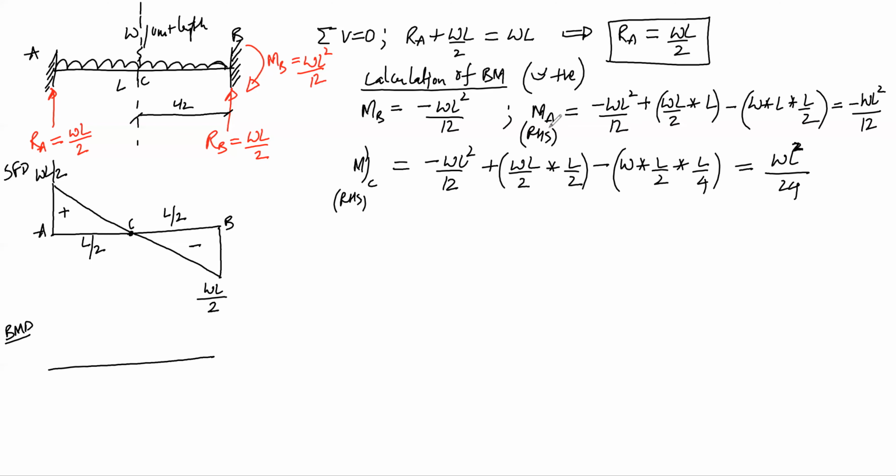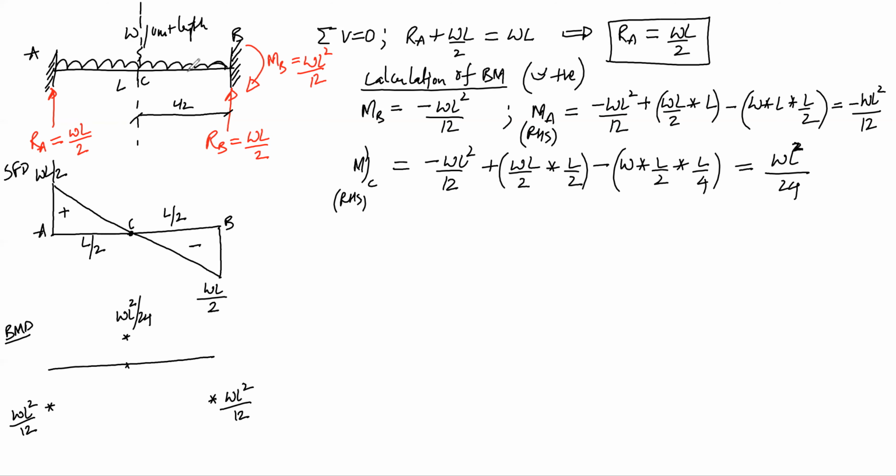So now we can draw the bending moment diagram. So moment at A is minus WL square by 12, that is in the negative region. Moment at B is minus WL square by 12, that is also in negative region. And at midspan, moment at C is WL square by 24, that is in the positive region. So this is WL square divided by 24.